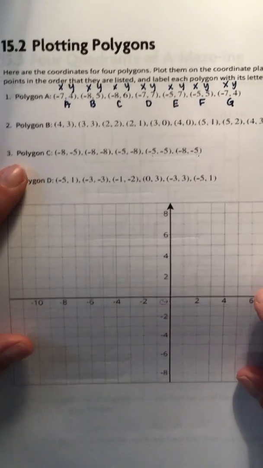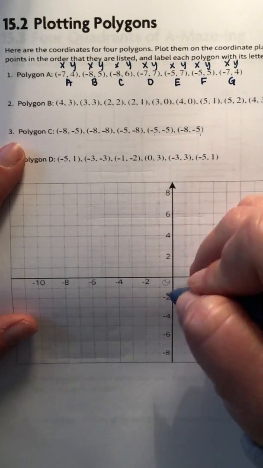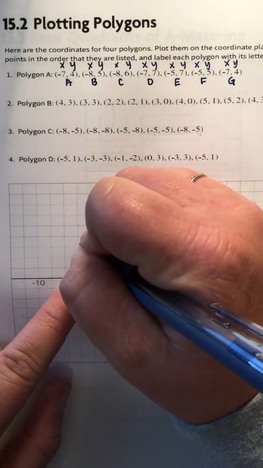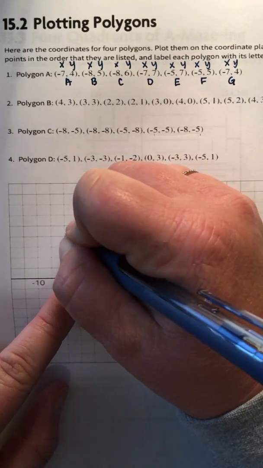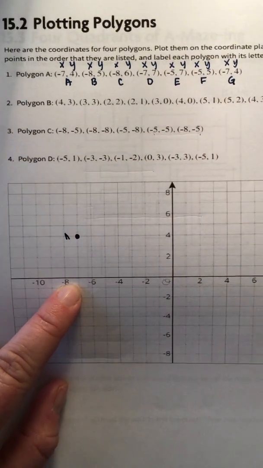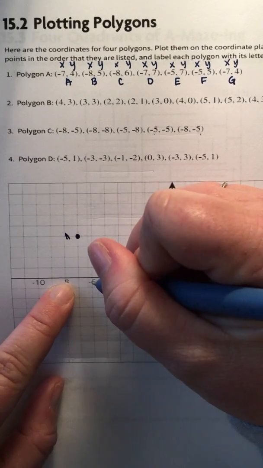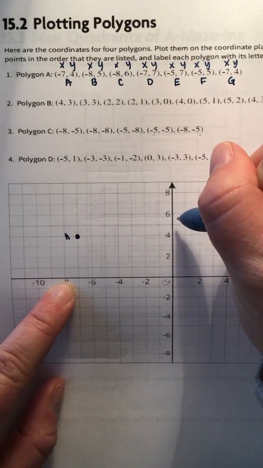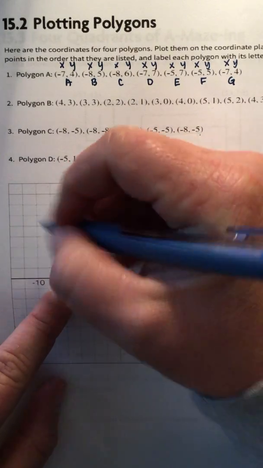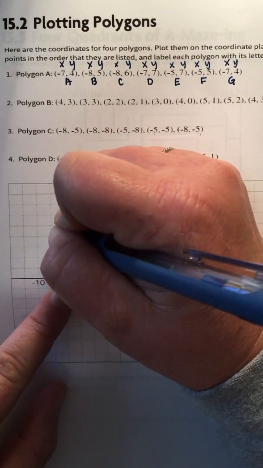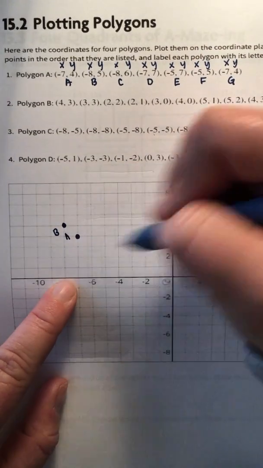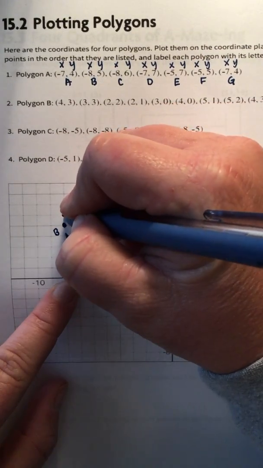Okay. All right, so -7, 4. So I know that that's X, and I'm going to go to the left first. So I'm going to go over -7, and I'm going to go up 4. That is point A. Okay, then I'm going to go to -8, and then I'm going to go up to 5. So right there, that's B. Then I'm going to go to -8 again, and then I'm going to go up to 6.